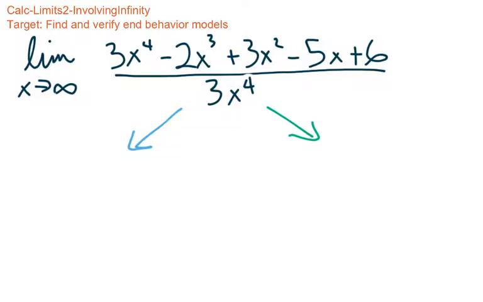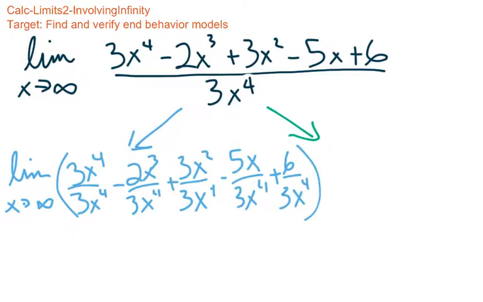So the blue version says that I can take my algebraic properties and rewrite this as 3x to the fourth over 3x to the fourth minus 2x to the third over 3x to the fourth. I just basically rewrote everything over 3x to the fourth.